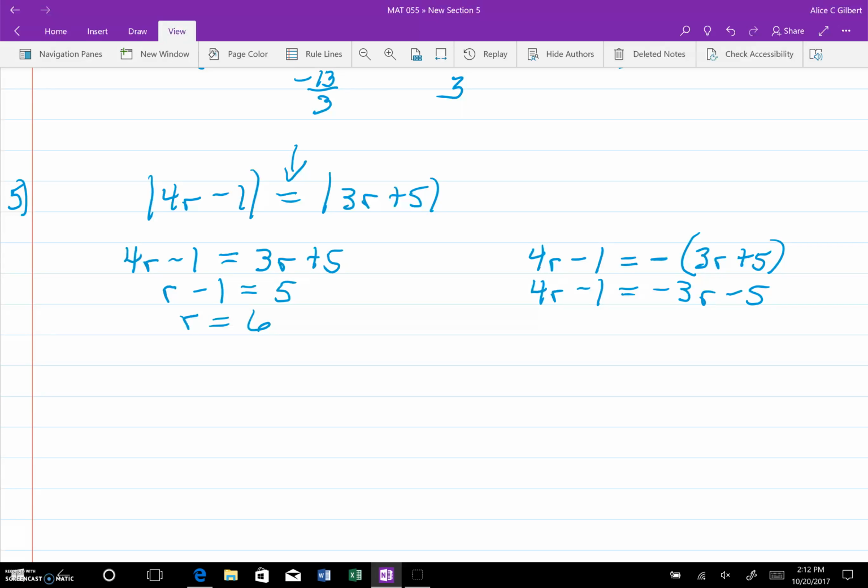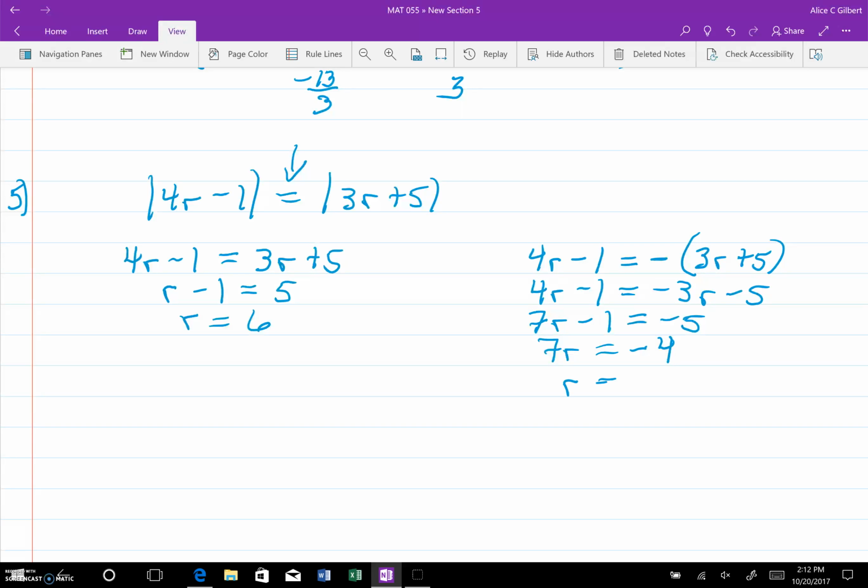Again, I'm going to add the 3r so I can keep it positive. Only this time I've got 7r on this side. And now I need to add 1 to both sides, so that gives me negative 4.